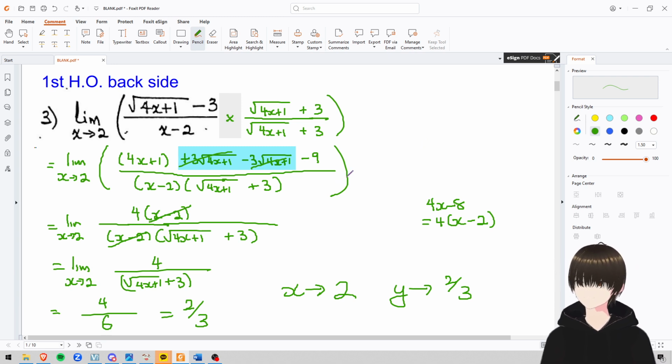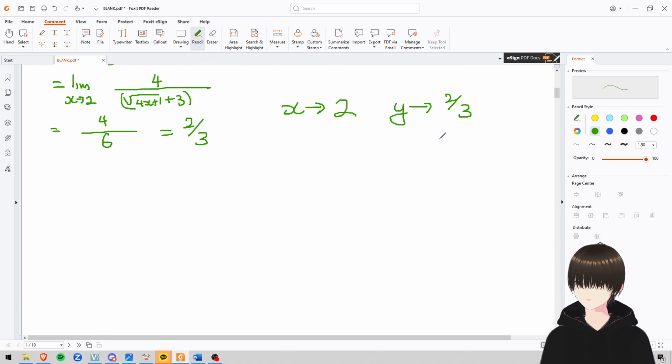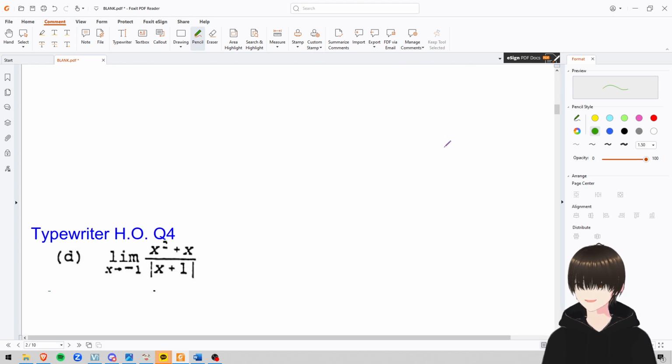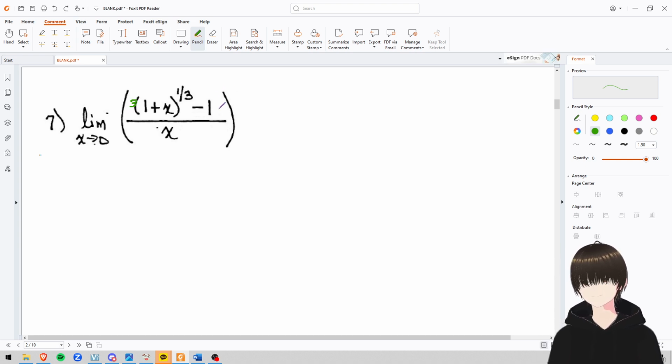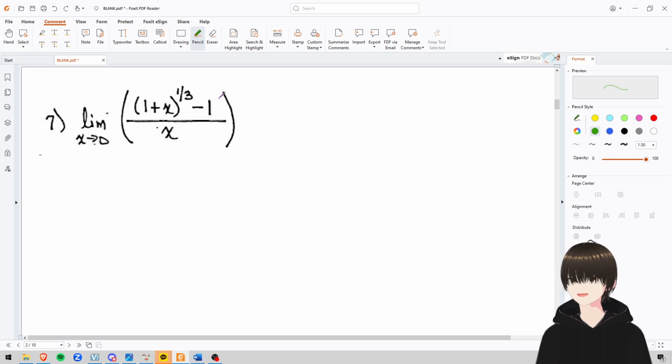Next example is going to be a little bit more complicated, so bear with me. At first glance, because this is a cube root, maybe you want to try using a conjugate as well. Another strategy that might work is a substitution, because the thing with the 1/3 might give you a hint from a question we did in class together.